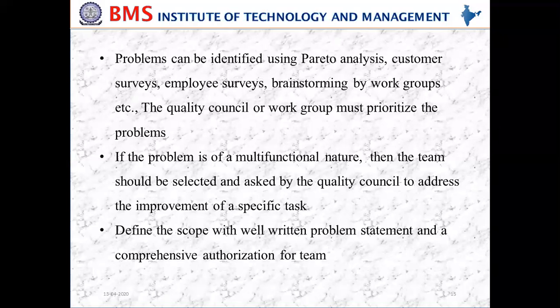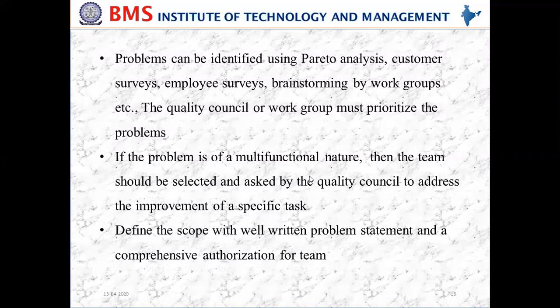And the brainstorming in the work groups. The work groups who are carrying out the work can also identify problems easily through brainstorming. Here the quality council or a work group must prioritize the problems.